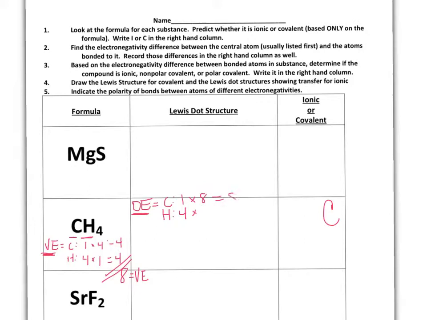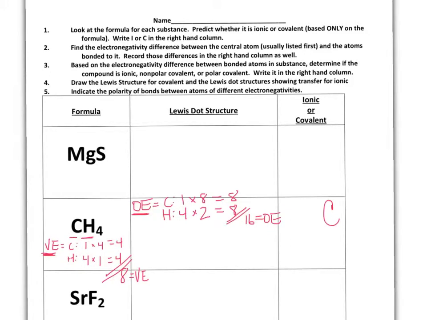So this will be 8. Then hydrogen is special. Hydrogen and helium can only have a maximum of 2. So its octet, which is not octet, will be 2. Okay, so there are 4 hydrogens, each with a desired number of 2 electrons. So that is 8. And that means that the octet electrons are 16.